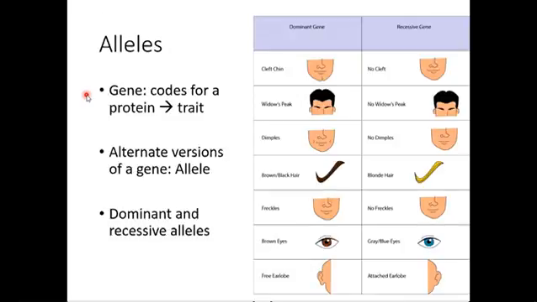Okay, so now that we know a little bit more about what's causing these traits, instead of using this word factor, we use this word instead, allele. And basically what they are is alternative versions of a gene. Remember that a gene codes for a trait, or through a protein it codes for a trait. And there can be many versions of the same gene.